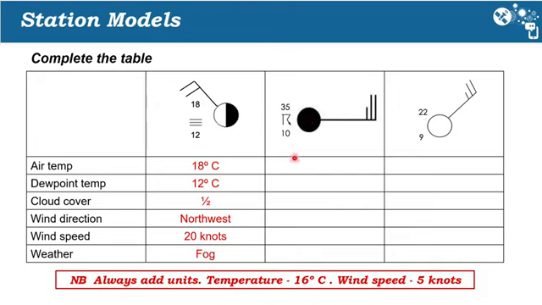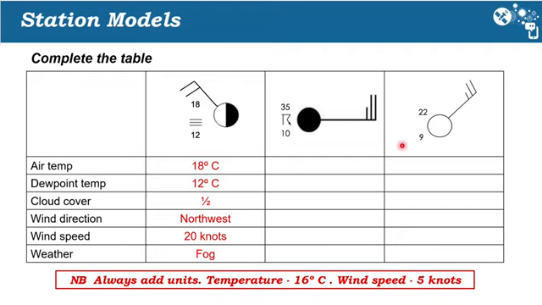The wind direction, the wind is coming from the east. It is an easterly wind. The wind speed, 10, 25 knots. You with me? And then the type of weather, this here is the symbol for thunderstorms. Thunderstorms is the type of precipitation or the type of weather.